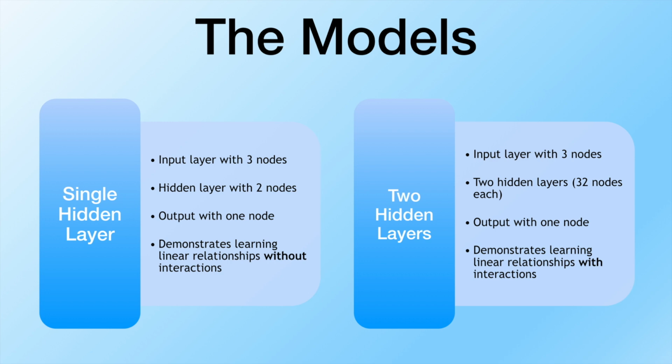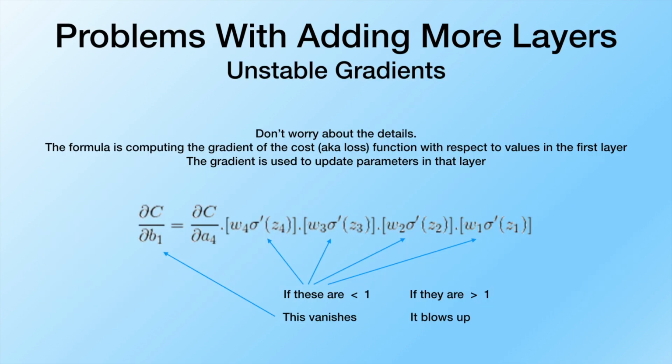Sometimes just a couple works, but generally even for simple beyond linear relationships, we need to add more nodes. And the output, again, is still going to have 1 node because we're still performing regression. And this one demonstrates learning linear relationships with interactions, but it hasn't gotten us quite to the quadratic portion yet. What we will do is add some quadratic terms just to give you an example of how it can't quite pick up on that even with our output layer.